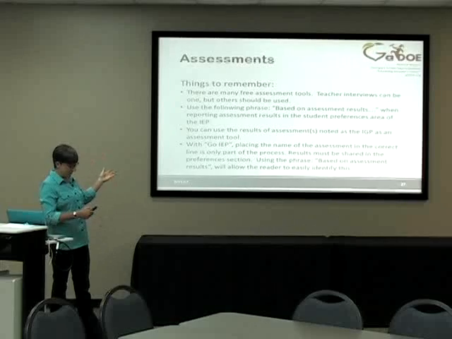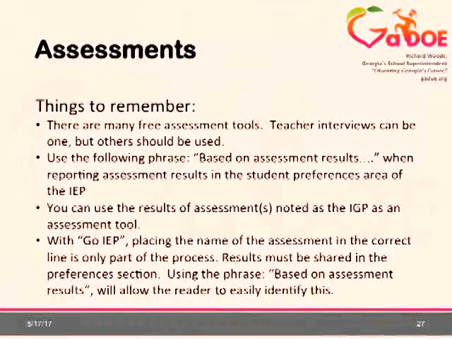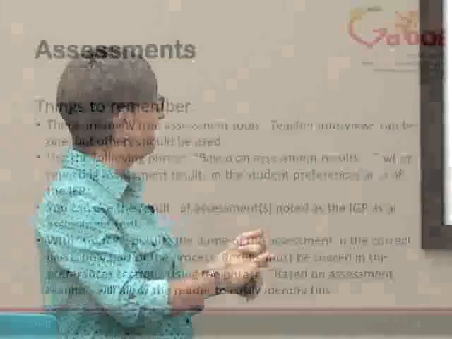Okay, so these are things that I've probably talked about already, but just to review, there are many free assessment tools. You can use teacher interviews, but I would also look at some others to have in your arsenal. Use the following phrase, based on these assessment results, and that way you're certain that you are including the name of the assessment and the results.